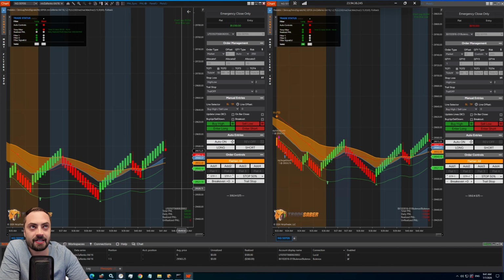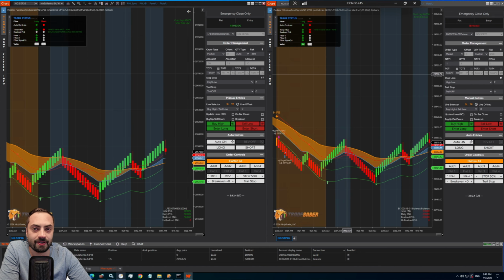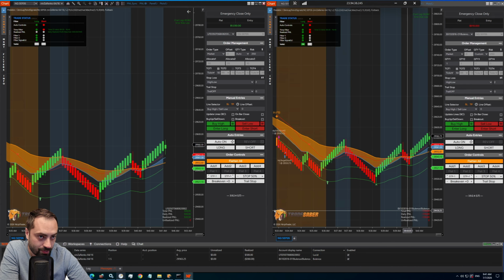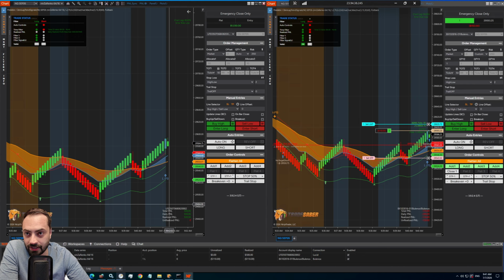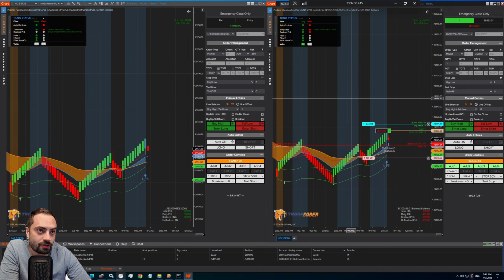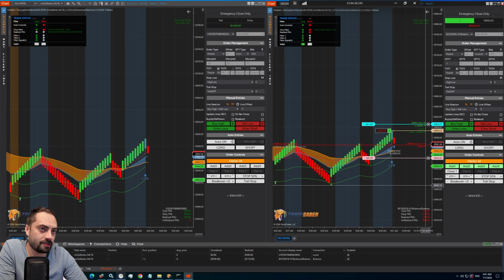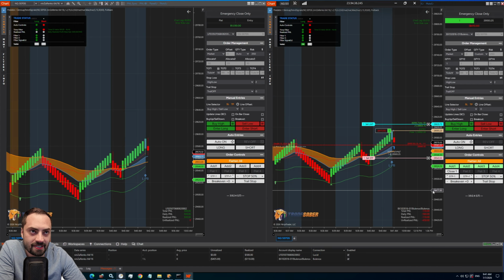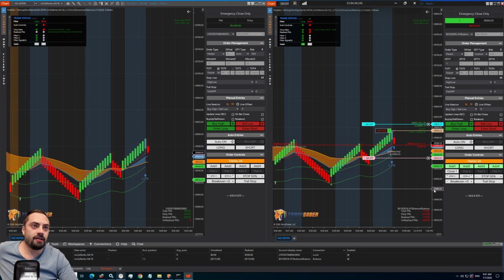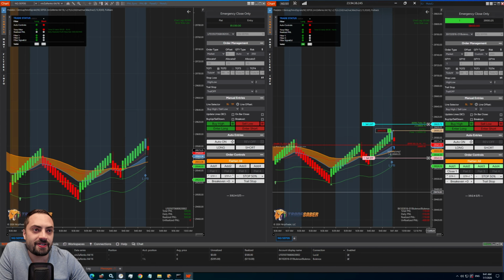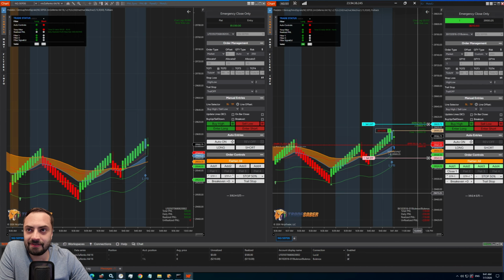Sometimes, depending if you have a VPS or the account that you're using. For example, Beelnox is on Rithmic, Lucid is on Tradovate. So depending on who you're using, you're going to get different results. And it's not really one is going to be better than the other. It's just sometimes it is what it is. So yesterday, Beelnox was better. Today, Lucid was better.